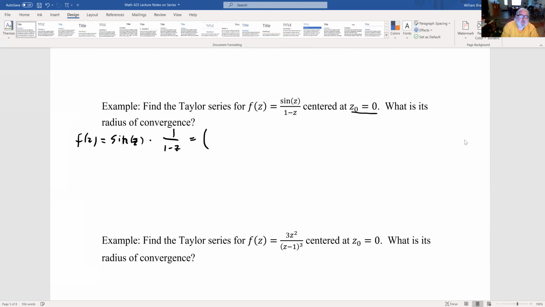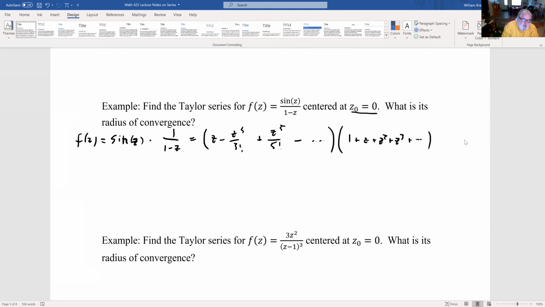Well, we'll just write them down. Sine is z minus z cubed over 3 factorial plus z to the 5 over 5 factorial minus dot dot dot. 1 over 1 minus z is 1 plus z plus z squared plus z cubed plus dot dot dot.